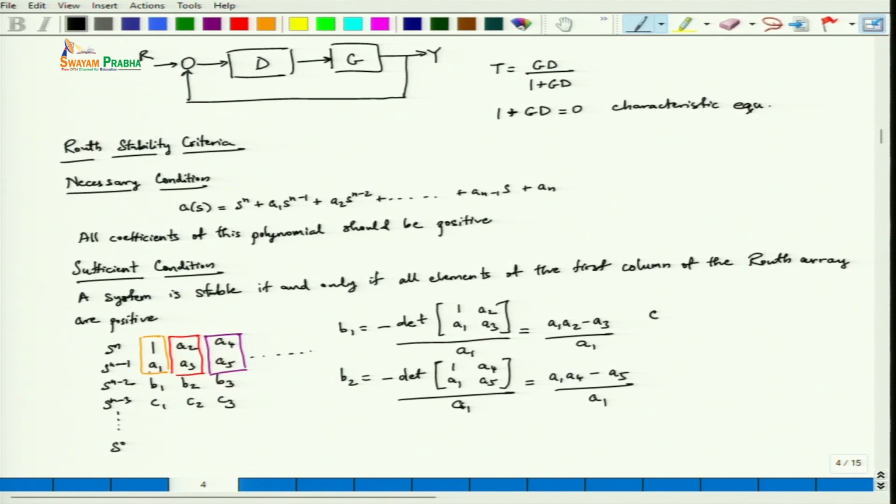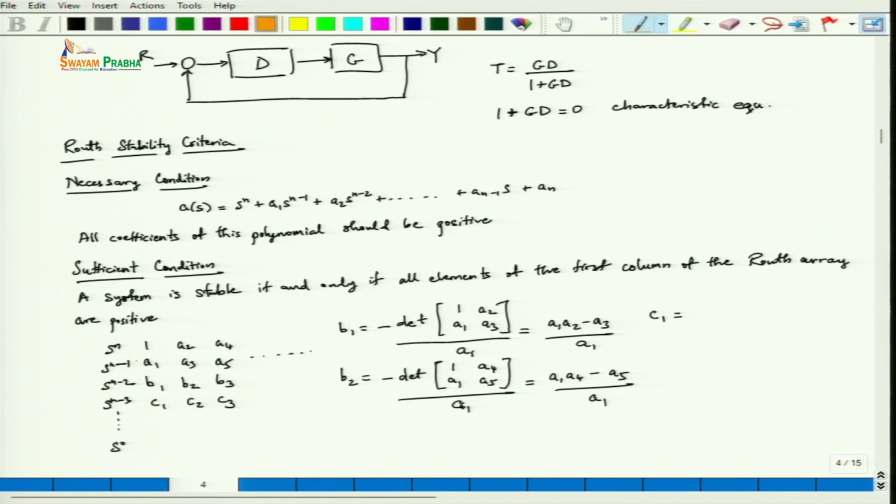Now let us look at how to find c1. This will follow a similar concept. It will now go to the previous two rows.